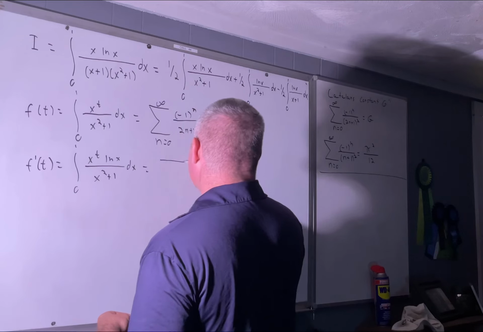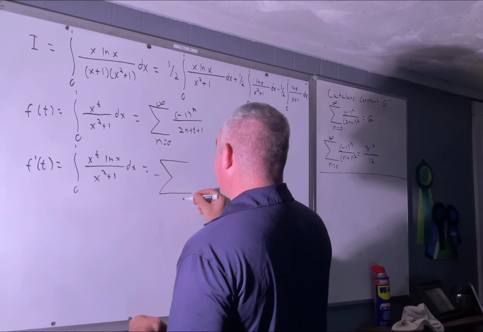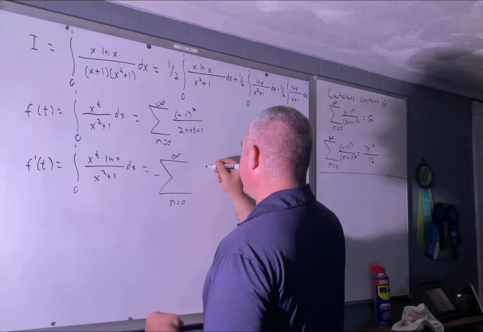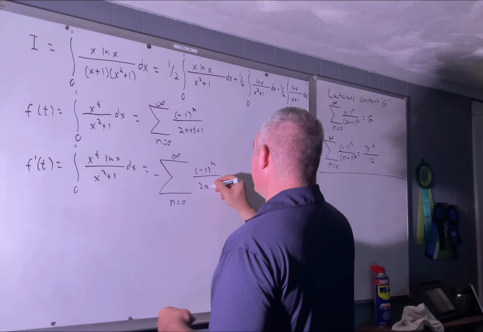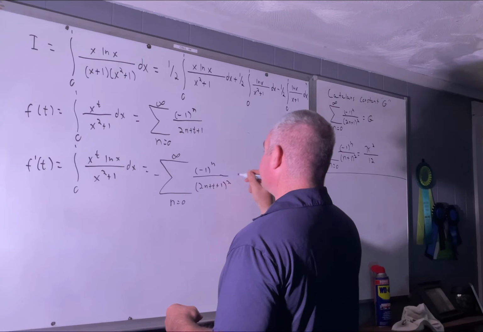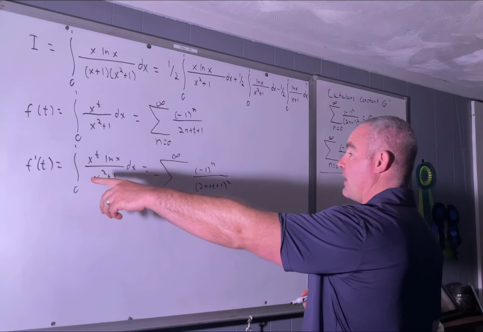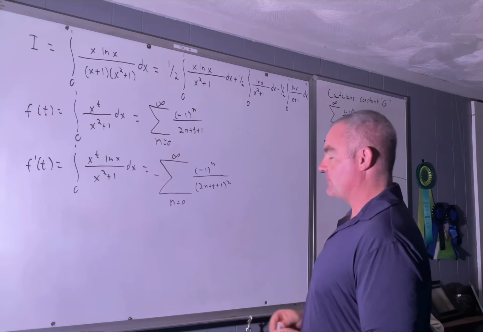And that's going to be equal to the derivative with respect to t of this, which is going to give us negative sum, as n goes from 0 to infinity, of -1 to the n over 2n plus t plus 1 all squared. All right, so there's f of t, there's f prime of t, written in both integral and summation notations.